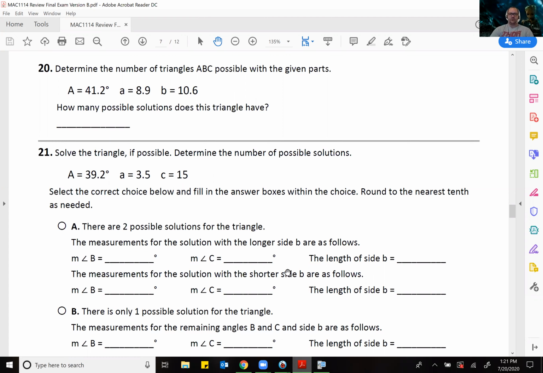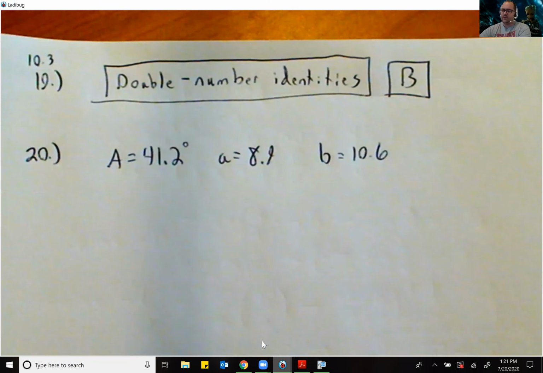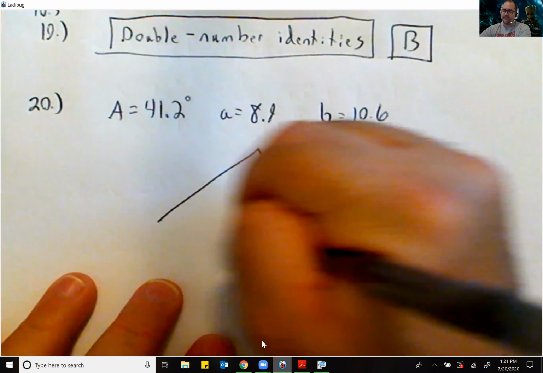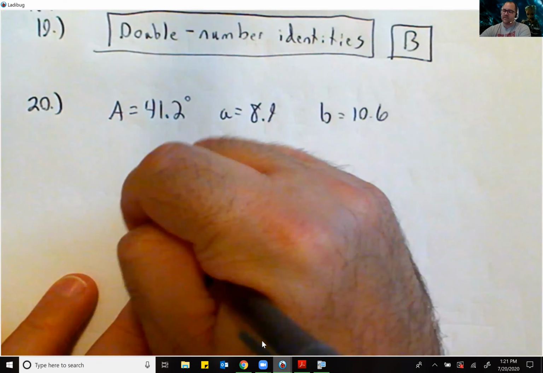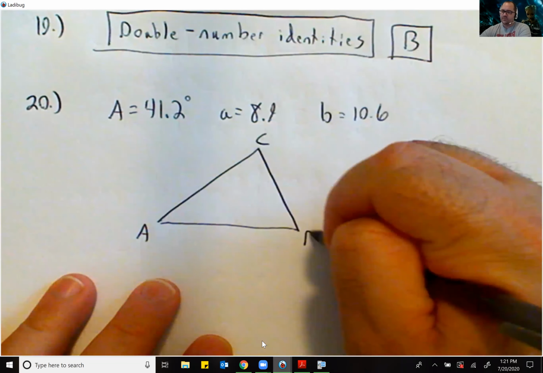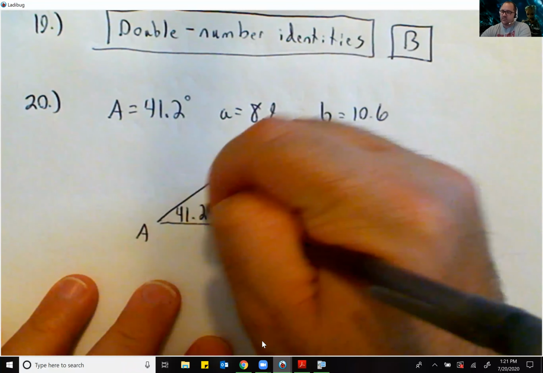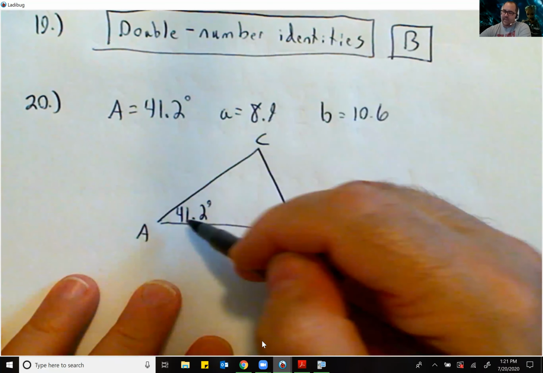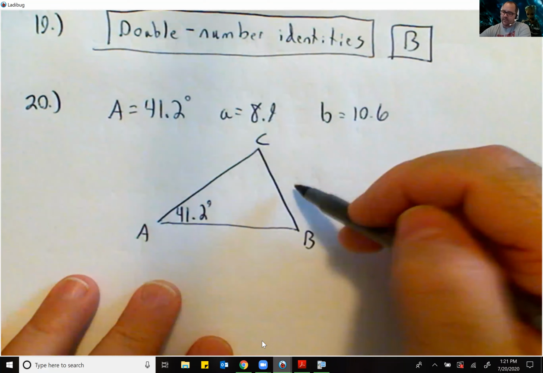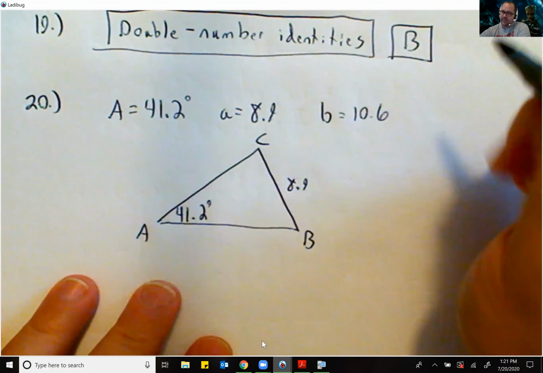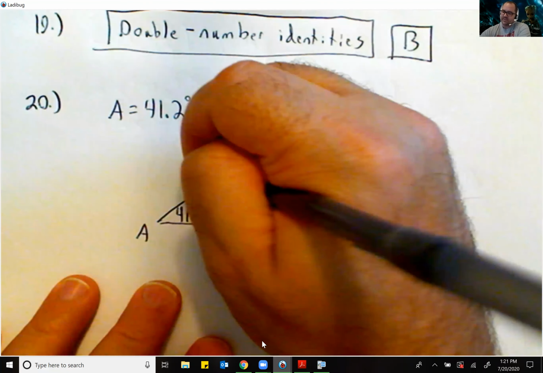And I always like to draw my triangle out for this information. Whenever I draw my triangle, I always put A, C on top, B over here. So I know big A is 41.2 degrees. Little a is always across from A, so that's the 8.9. Little b is always across from big B, which is 10.6.